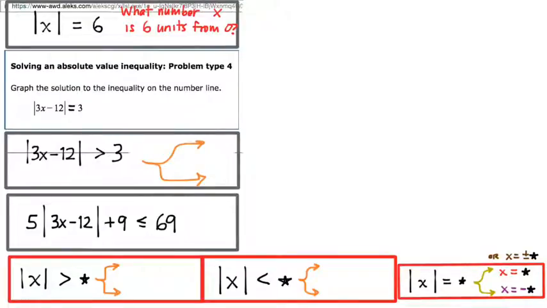And when we do that, in the splitting process, we're going to get one inequality which has 3x minus 12 and 3 as they are. Another inequality which has 3x minus 12 and negative 3.